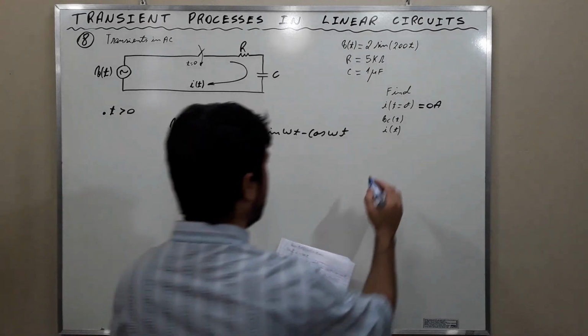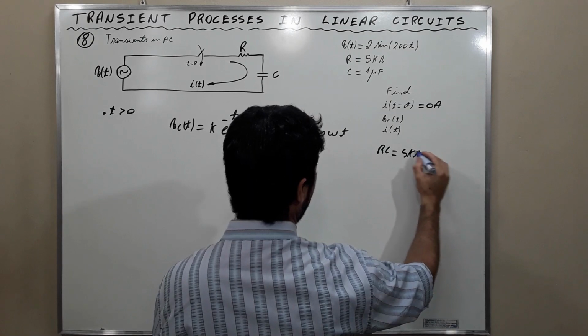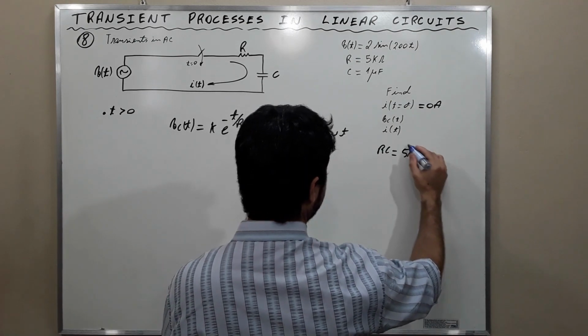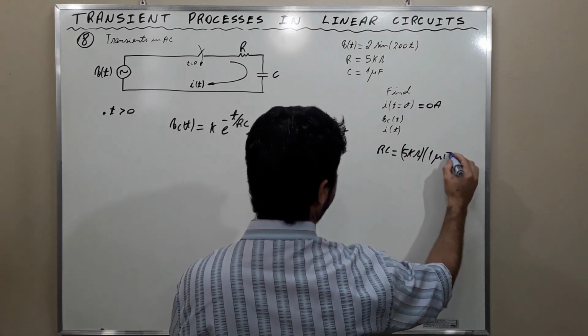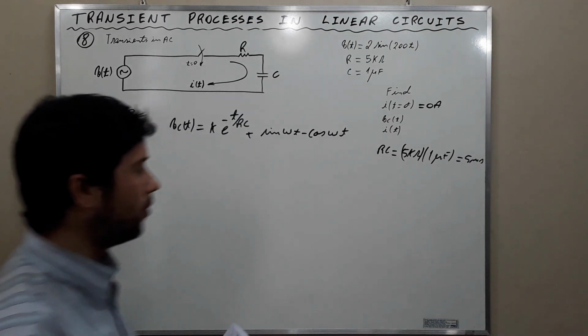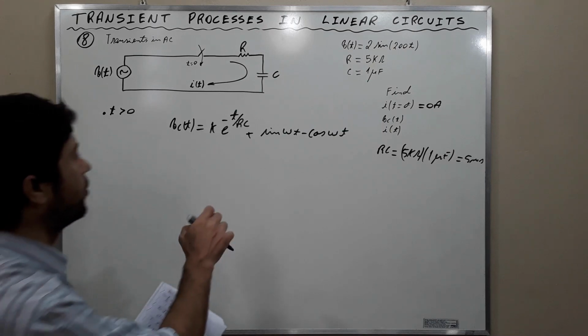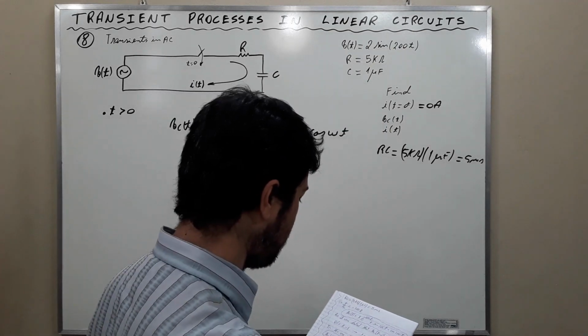RC will be equal to 5 kilo ohms times 1 microfarad, and this is 5 milliseconds. Okay? And ultimately, our differential equation is this. We substitute here.